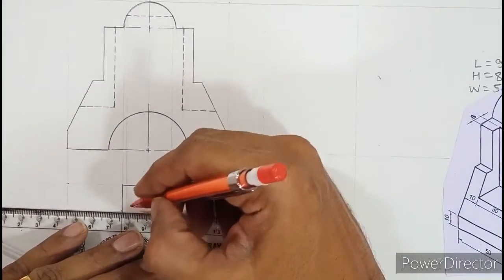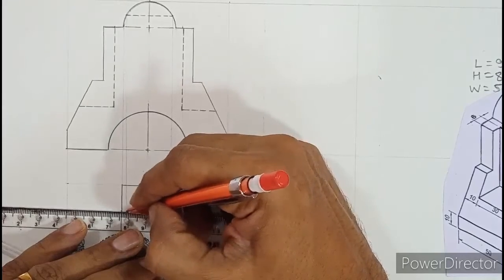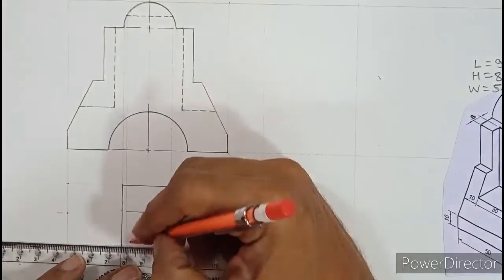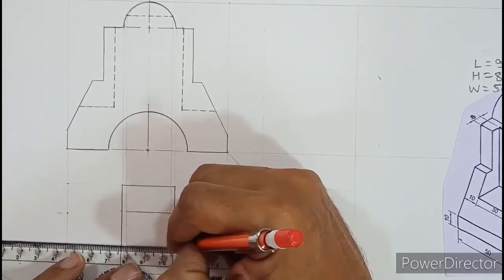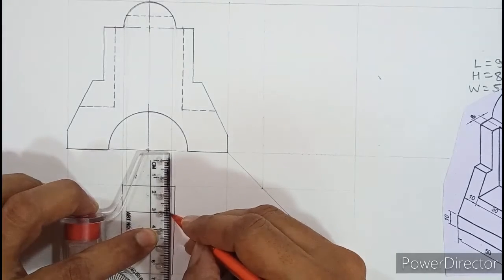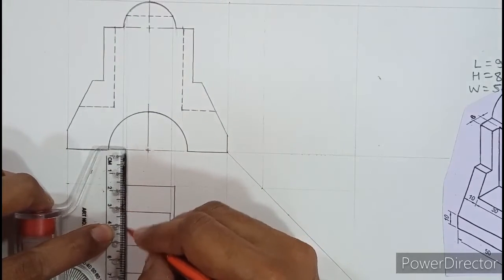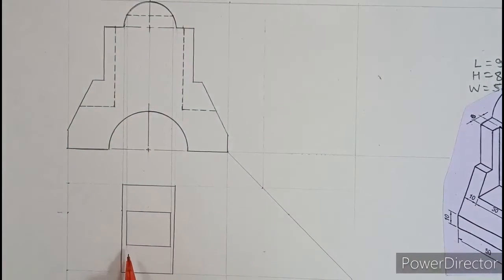Coming down, we need to darken the in-between part only. Remember, only the in-between part, because that is where surface A lies. The in-between smaller rectangle needs to be highlighted by double tracing it. You can see that I have drawn a rectangle dark, and the gap between the two dark lines resembles a circular surface.